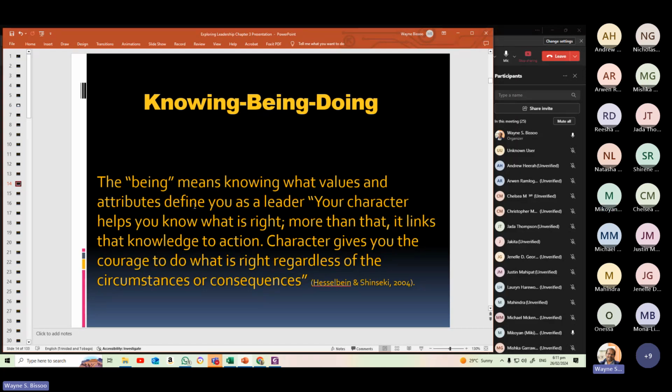So again, evaluating you as an individual and your value structure starts to tell us whether or not you, as the individual doing the evaluation, may have the correct value structures that are required for the situation that you find yourselves in. Character gives you the courage to do what is right regardless of circumstances or consequences.